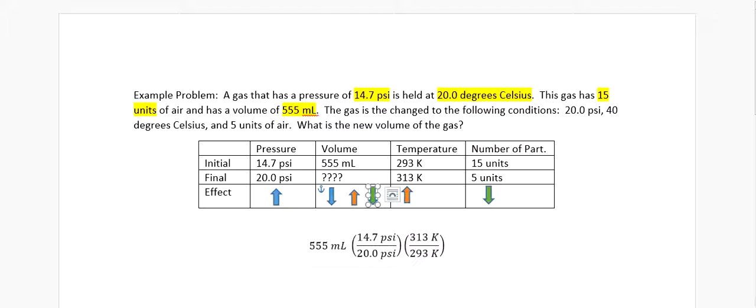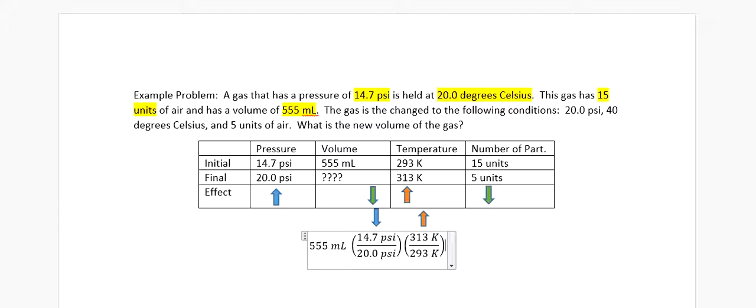So therefore, when I come down here, thus far in this part right here, I've accounted for the pressure, and I multiplied that 14.7 over 20 because of the predicted decrease. The temperature says, oh, that's going to increase, so therefore I multiplied that by a larger number over a smaller number.